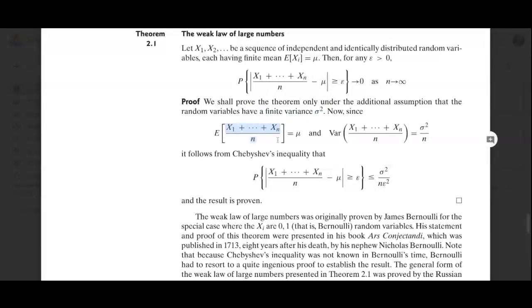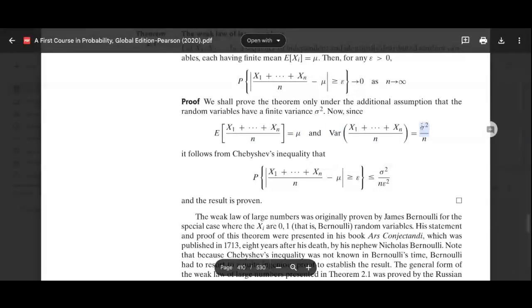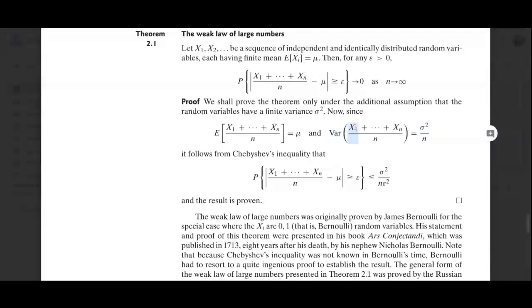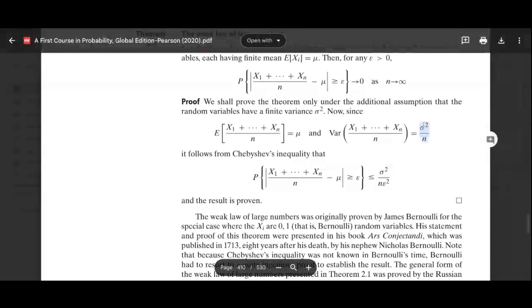Then the expected value of the average of the n random variables is mu, and the variance is sigma squared divided by n.